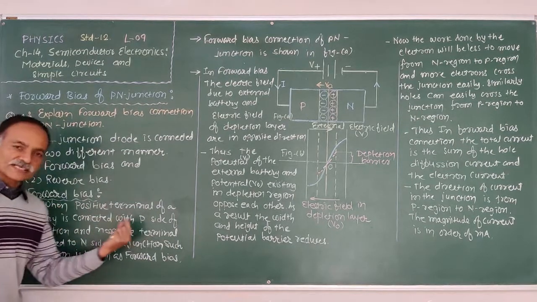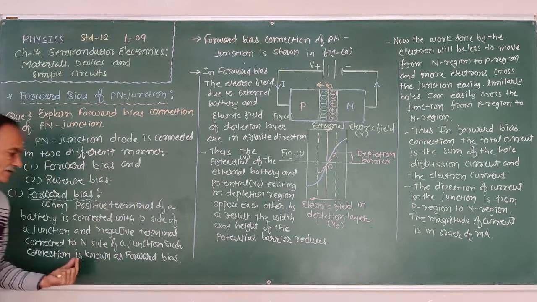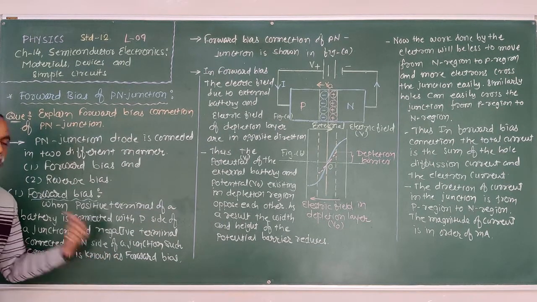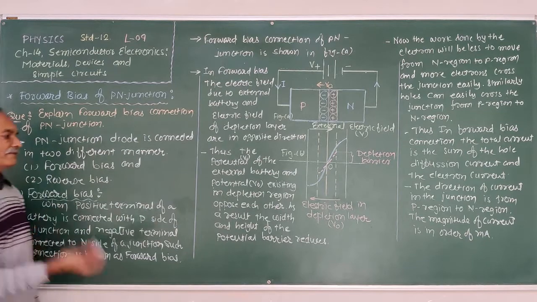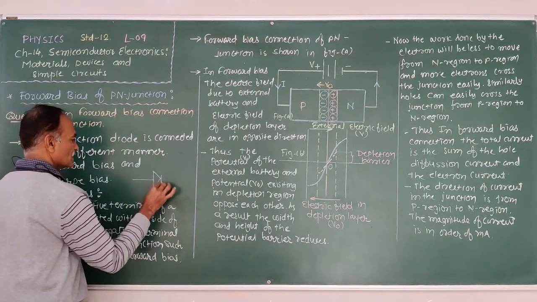When the positive terminal of an external battery is connected to the P side of a junction and the negative terminal of the battery is connected to the N side of the junction, such a connection is known as forward bias. Already we know the symbol of a PN junction diode is this.